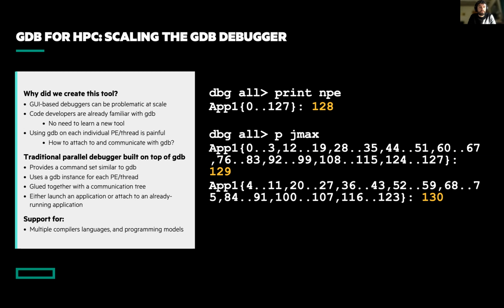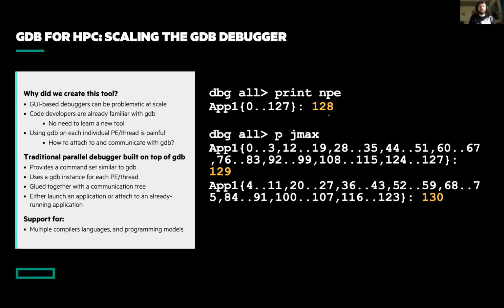And so HPE have this tool we call GDB for HPC that's available within CPE that allows you to analyze your code when it's running on many threads and many processing elements, and helps you with attaching GDB to multiple processes, communicating with GDB, and viewing or inspecting your program contents at runtime. And so the example here is that if you print this variable NPE and it's the same on all of your processes, then we can simply see your process set on 128 processes here all have the value 128 for NPE.